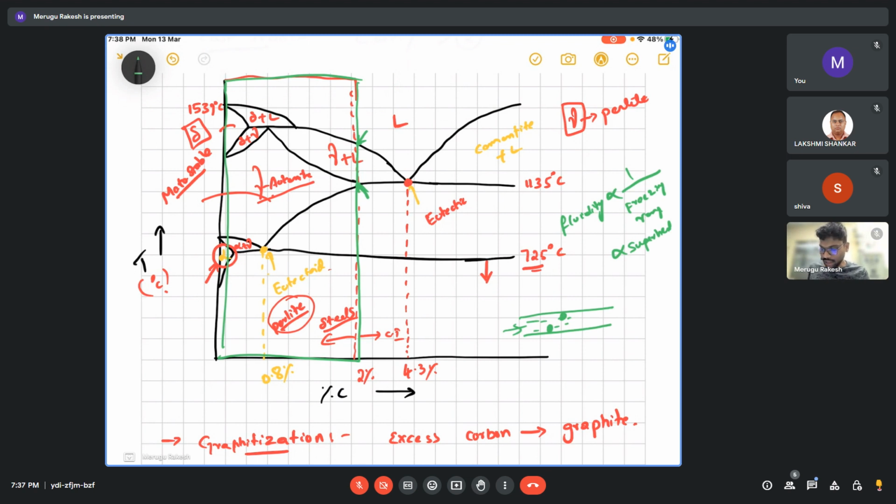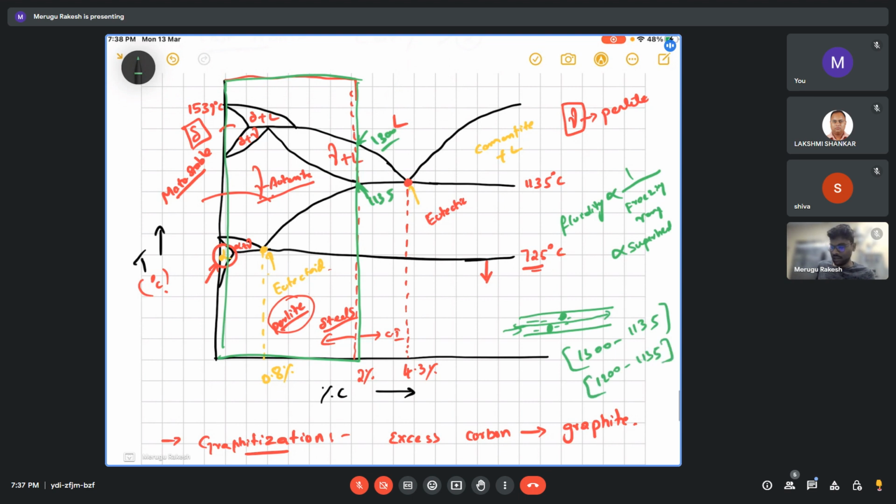Suppose you have a small freezing range, what happens? The fluid can flow easily before the solid actually forms. Suppose this is 1135 degrees, and this is more or less close to 1300, for example. So we have a range of 1300 degrees Celsius to 1135. This is the range in which the solid can form. A smaller freezing range would be, suppose, 1200 to 1135.